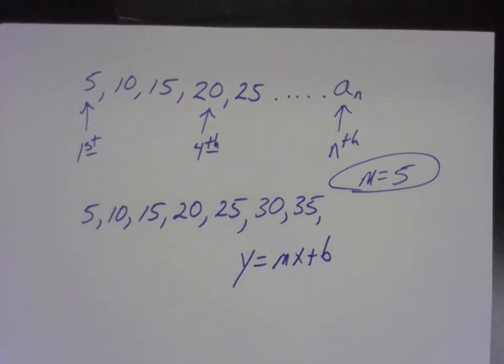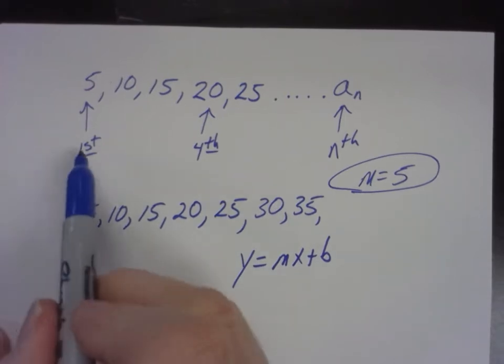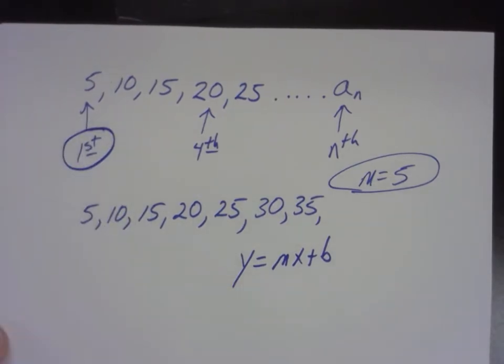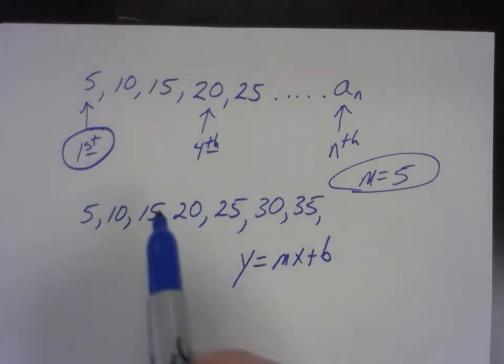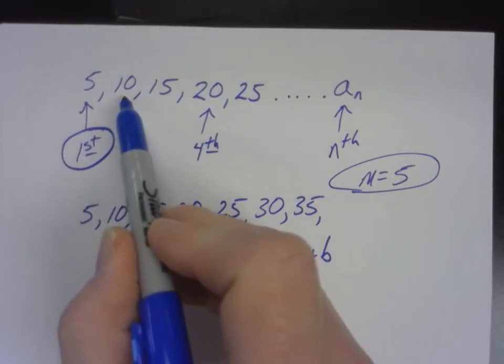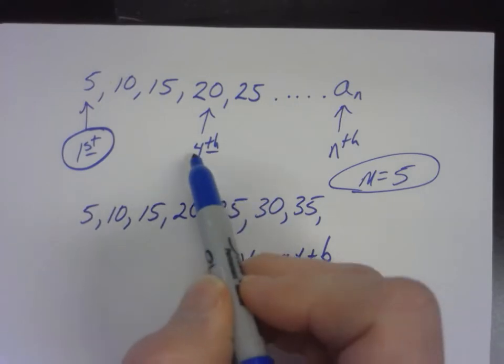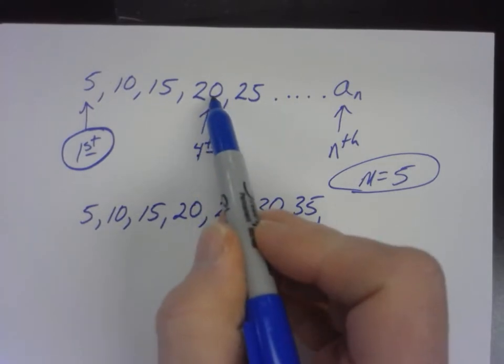It's an arithmetic sequence. In this equation, when I put a 1 in, where do I put a 1 in? When I put a 1 in for x, what comes out? 5. When I put a 2 in for x, what comes out? And when I put a 4 in for x, yeah, okay.